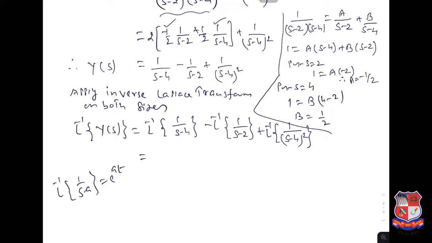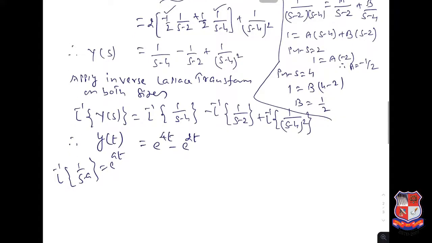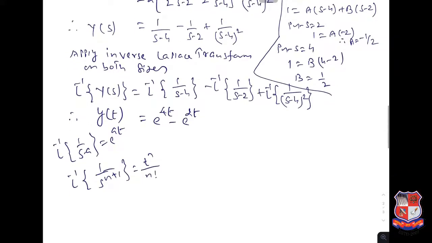So this is equal to, now what is inverse Laplace transform of Ys? So that is y of t, and this is e power 4t minus e power 2t, and now we know the inverse Laplace transform of 1 over s power n plus 1 is equal to t to the power n over n factorial, if n is a natural number.